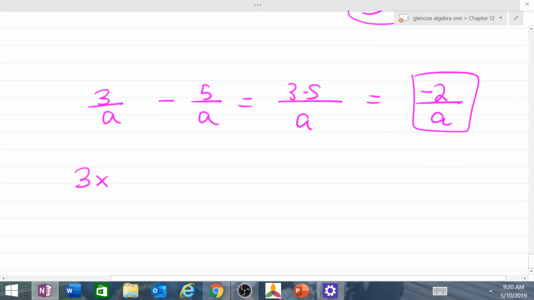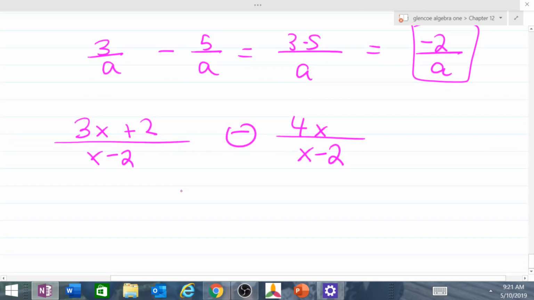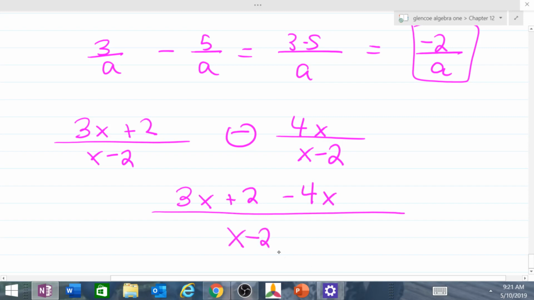Then let's try one where we have a negative sign in front of a term. So we'll do 3x plus 2 over x minus 2 minus 4x over x minus 2. So we rewrite the numerator as 3x plus 2 minus 4x all over x minus 2.